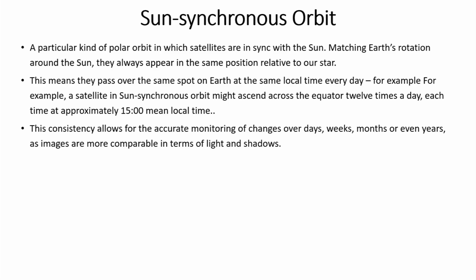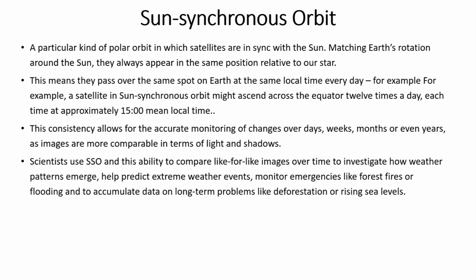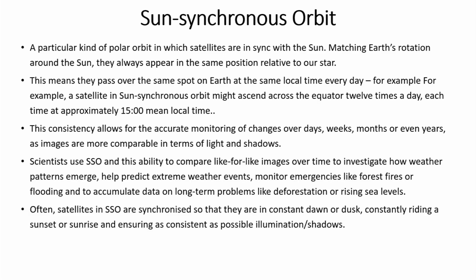So, this gives a lot of advantage, and it is useful for various remote sensing applications. Especially for earth observation satellites, also called remote sensing satellites, sun synchronous orbits are used.